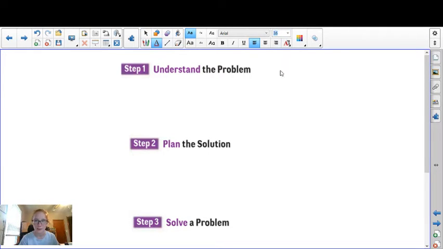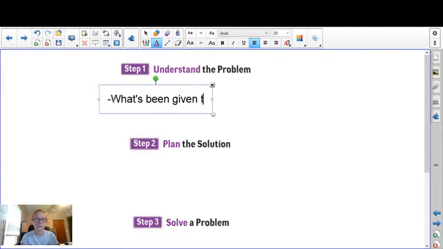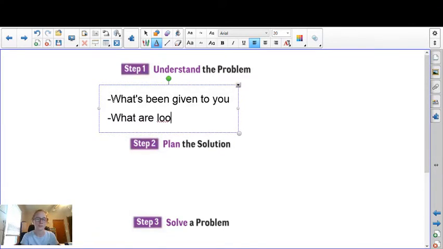I can do it, but it doesn't look very appealing, and it's very difficult to read. So you're going to list what's been given to you, and you're going to identify what you are looking for. What's been given to you, what are you looking for to solve?